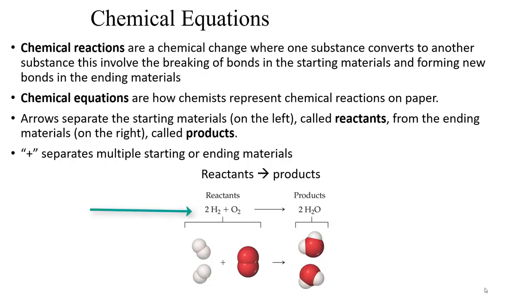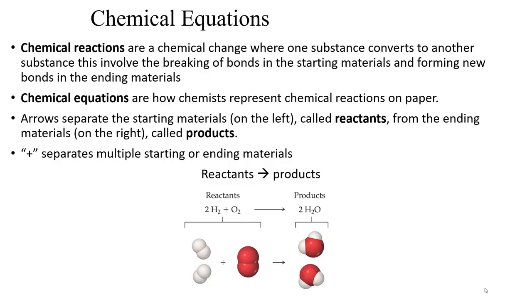So my equation reads 2 molecules of H2 react with 1 molecule of oxygen, and that produces 2 molecules of water. Notice that I have the same number of hydrogen atoms on the reactant side of the equation as the product side. So 4 hydrogen atoms on both the product side and the reactant side.